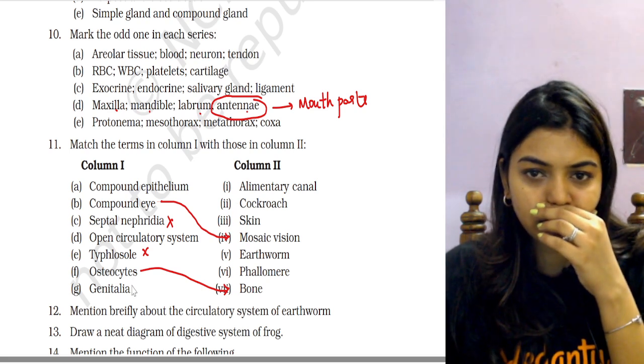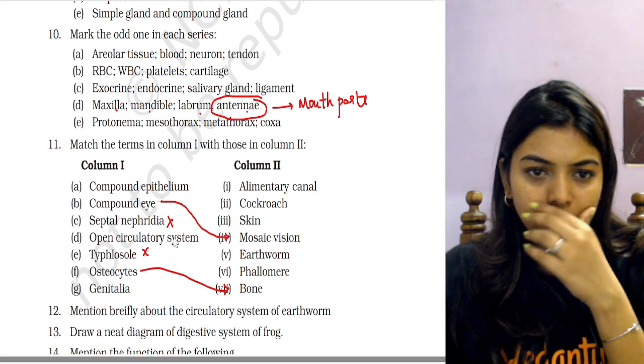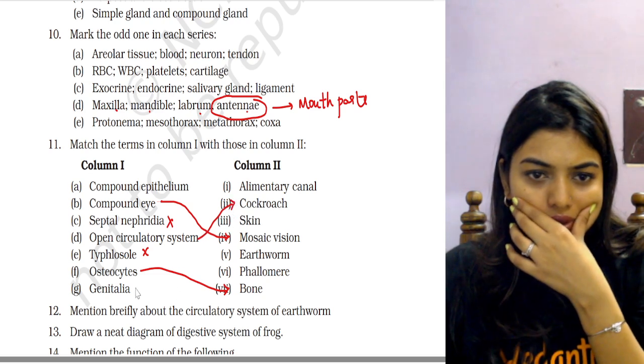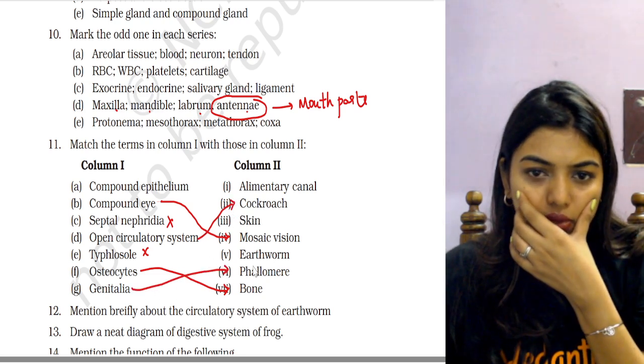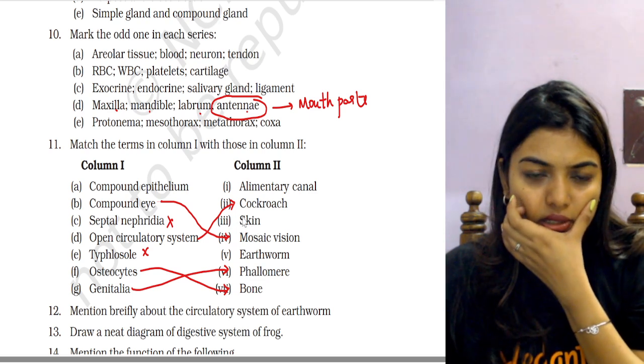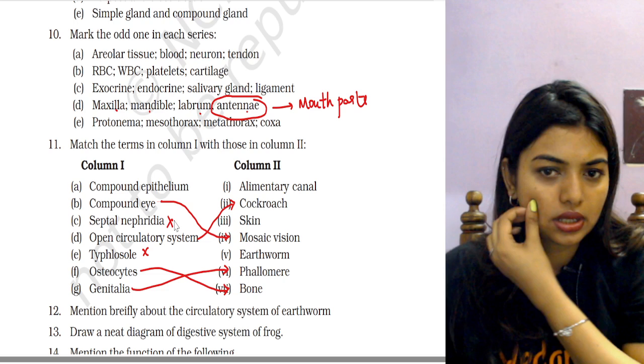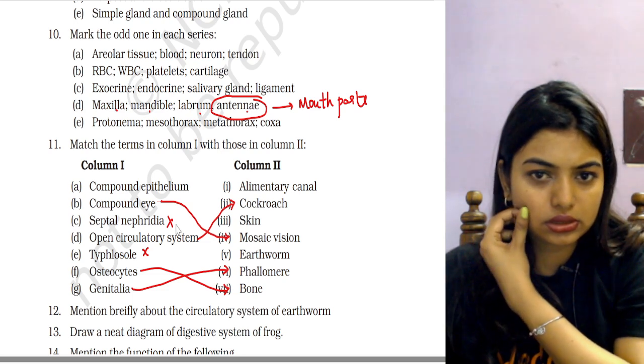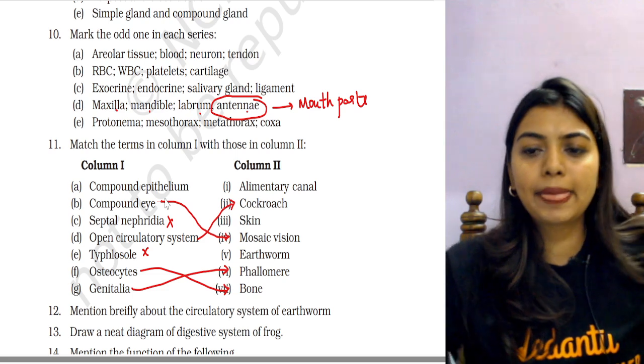Genitalia. Okay, here open circulatory system, cockroach, genitalia, phallomeres, I guess. Okay, earthworm, skin, alimentary canal. Since we don't bother about earthworm, you don't have to bother. Yes, I think that's it. Okay, this done.